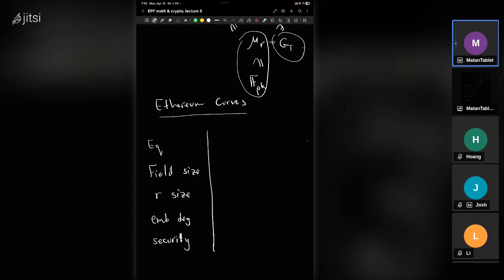The two curves, one of them is called BN254, and the other is BLS381. The BLS is an acronym for the authors, but it's not the same authors as the BLS signatures.